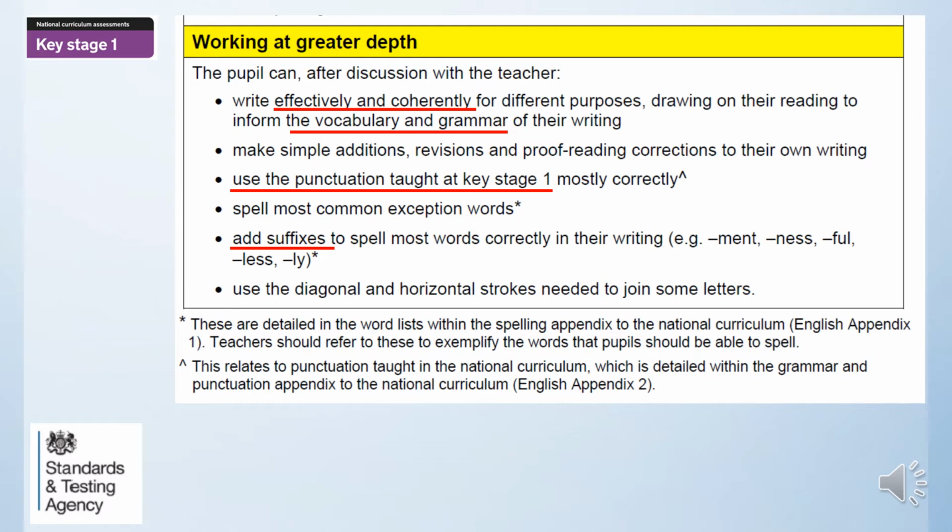This isn't easy, and it is required, though, that they're able to demonstrate their understanding of grammar and apply it in different contexts to bring clarity and awareness of audience and so on. So there's a lot involved. And as I say, it isn't easy, but school after school, there are children reaching that expected standard and some children working at this greater depth standard. They're able to show their understanding of grammar in a context.